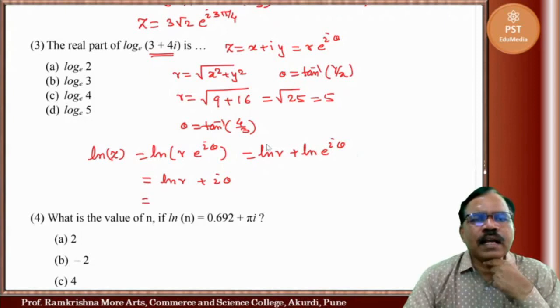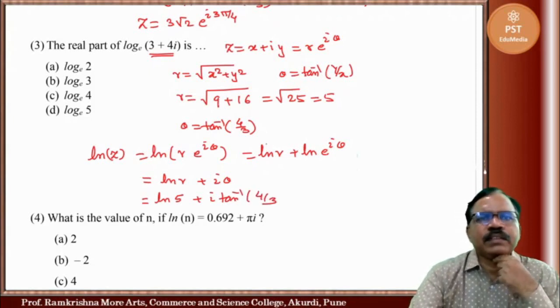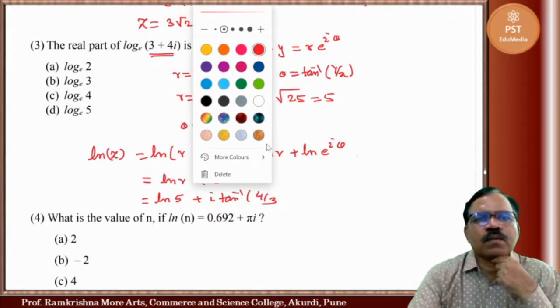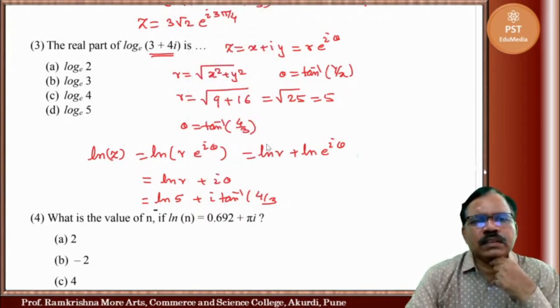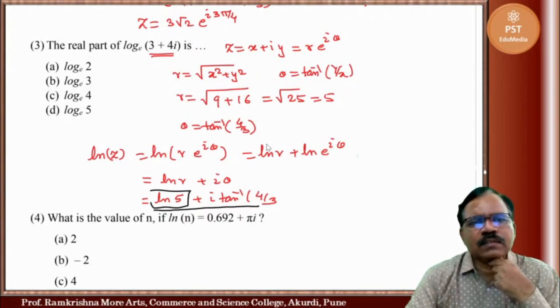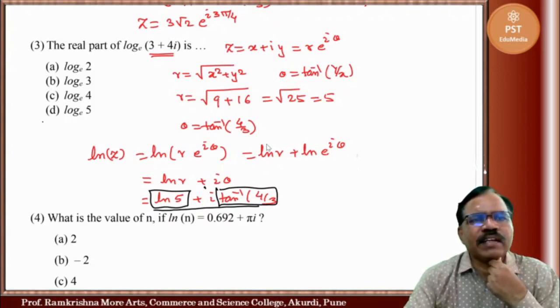Now here I can write log 5 plus i into tan inverse 4 by 3. Now if we see this, this is the complex number, and this is the real part, and this is the imaginary part. So what is the real part? Real part is log 5. So this one is correct.